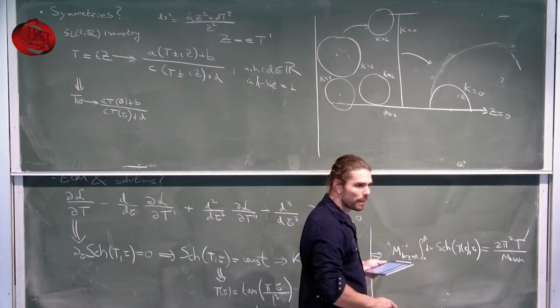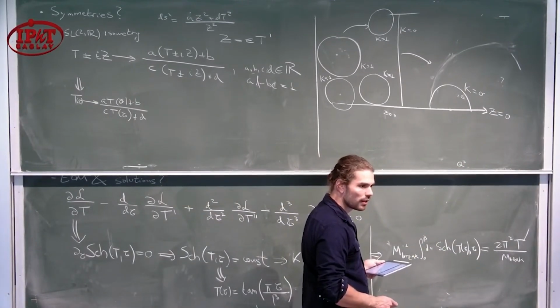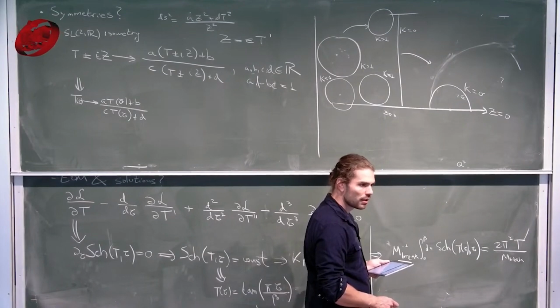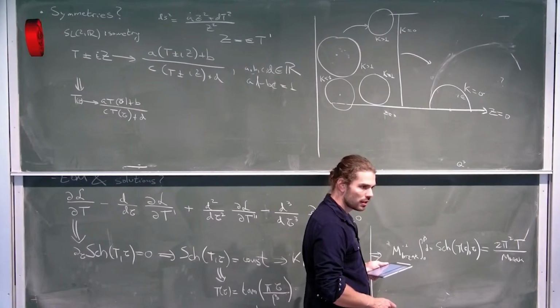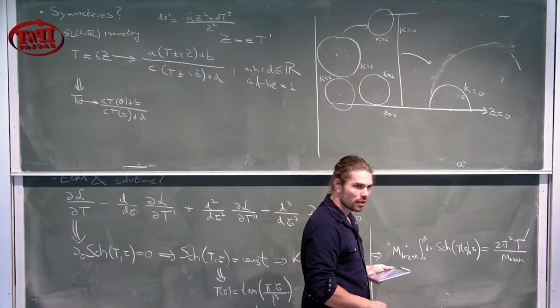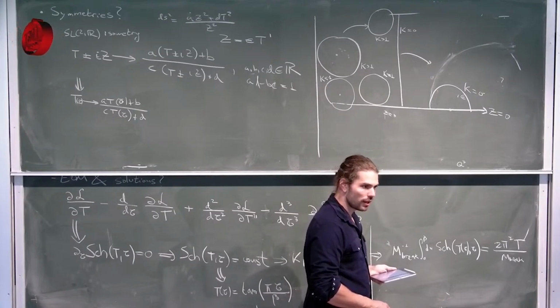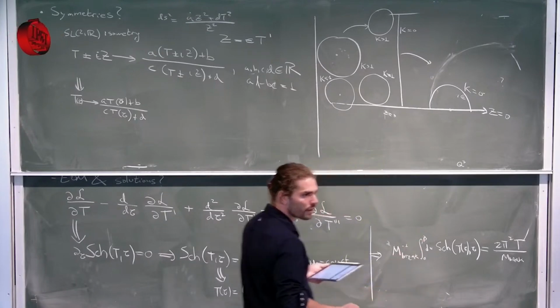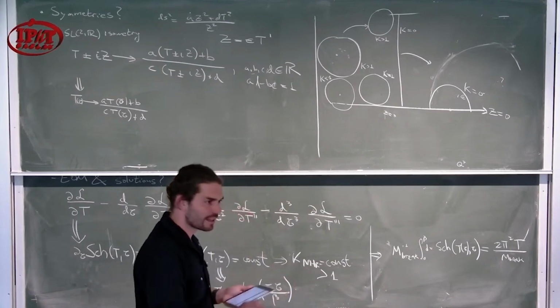Sorry, Luca. It's a third order equation in T, and so you should have two or three free constants that you could add. So you fixed something there. Yes, that's a fantastic question.